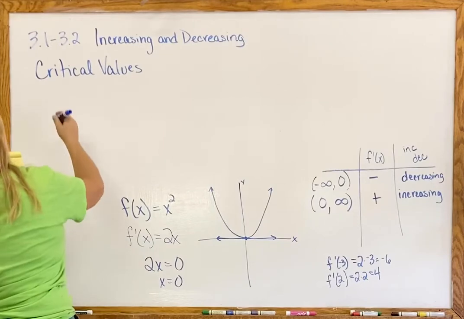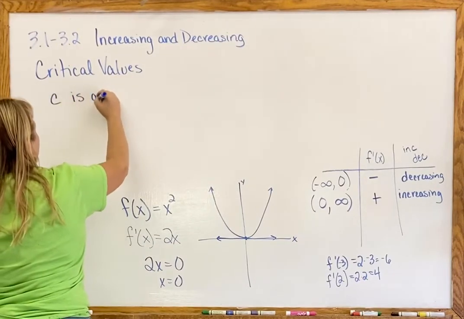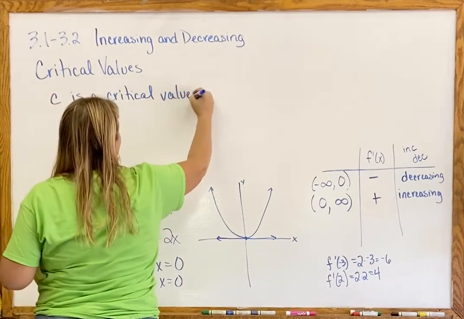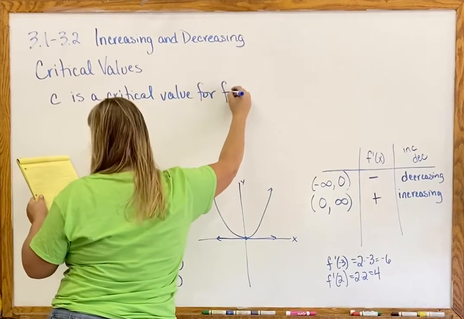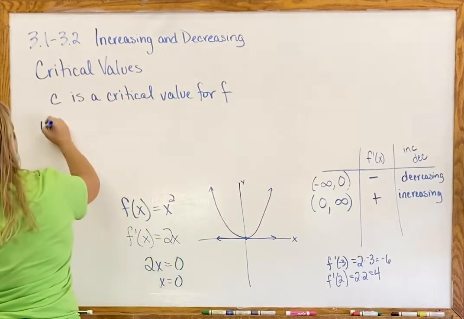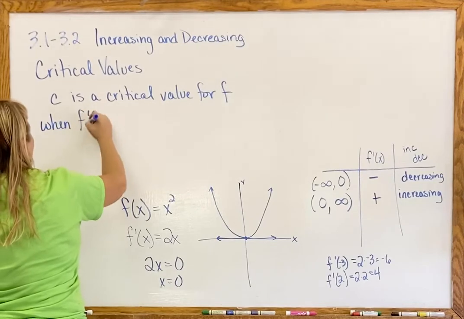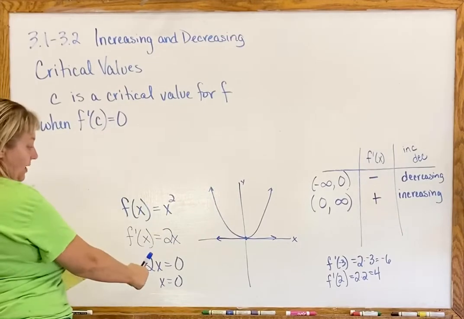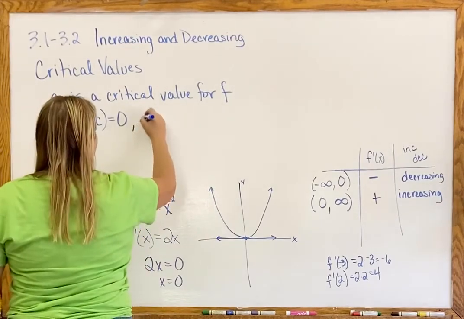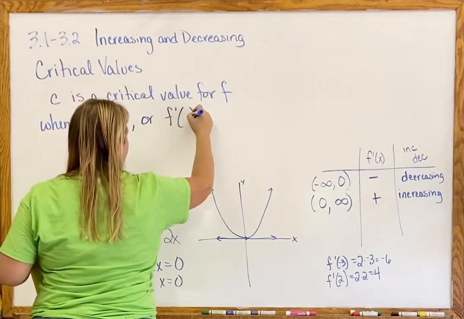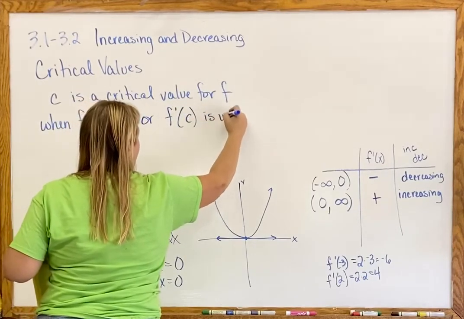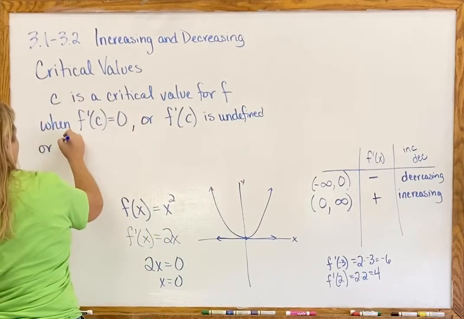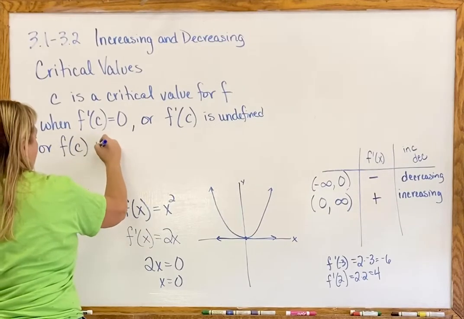So this says c is a critical value for the function f when f prime of c equals 0, so where the derivative is 0, which is what we got in this one, or f prime of c is undefined, or f of c is undefined.